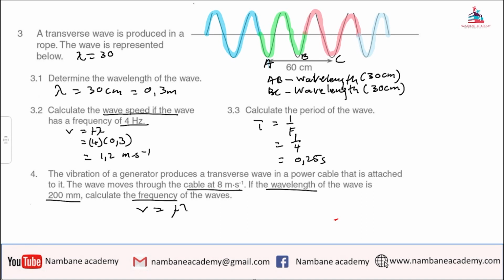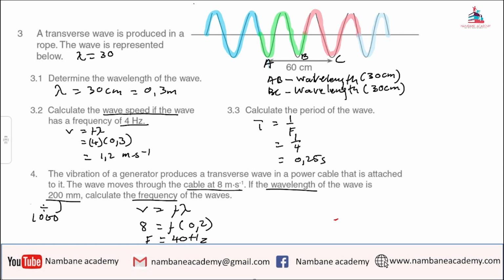V equals F lambda, this is just 8 equals F multiplied by 0.2, because remember we are going to divide here by 1,000, and then we get something like F is equals to 40 hertz. That's how simple it gets, provided, ladies and gentlemen, we understand how the wave basically operates.